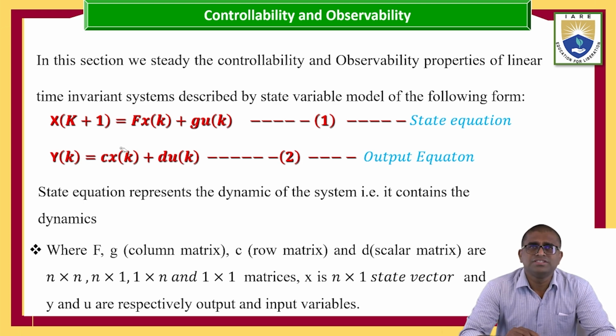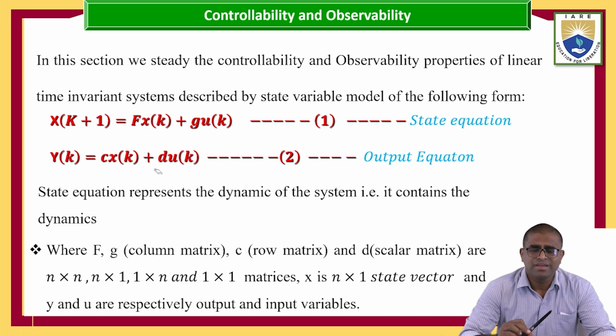F, G, C and D are vectors and matrices. F is the state matrix, G is the column matrix, C is the row matrix and D is the scalar matrix.